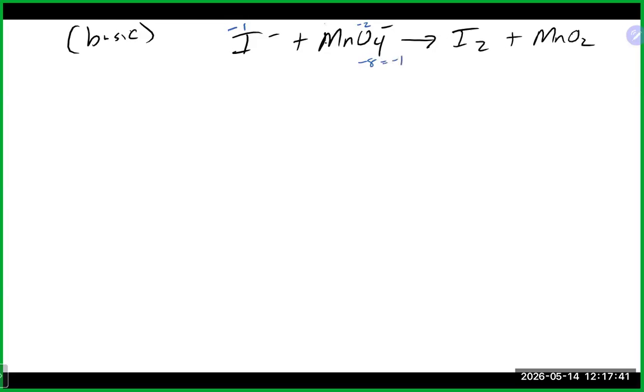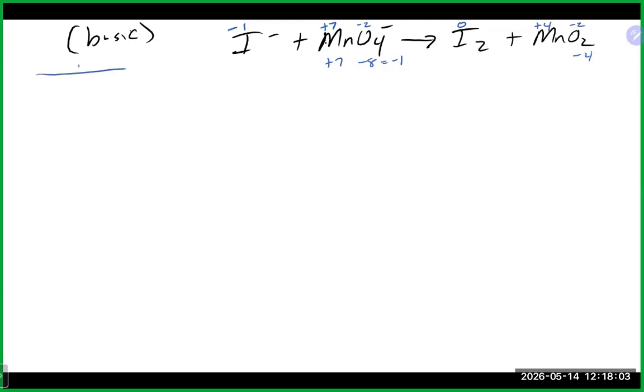So in this case, the Mn is going to be running a +7 oxidation state. Iodine I2 is how it normally comes, so that's an oxidation state of 0. And coming over here to MnO2, that's a little -2 action there. That's a -4, and that would be a +4 in this situation.